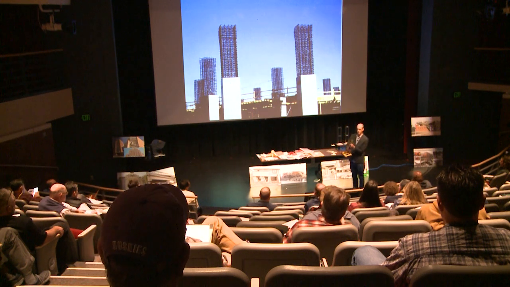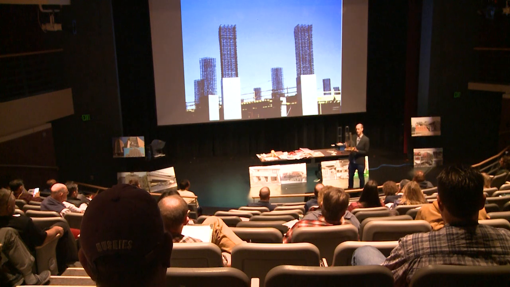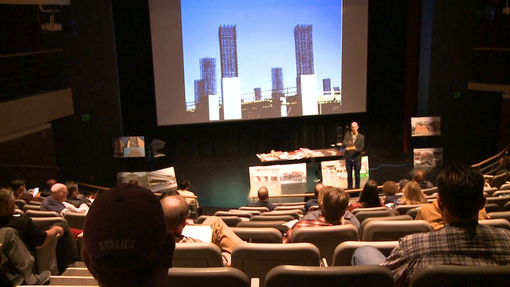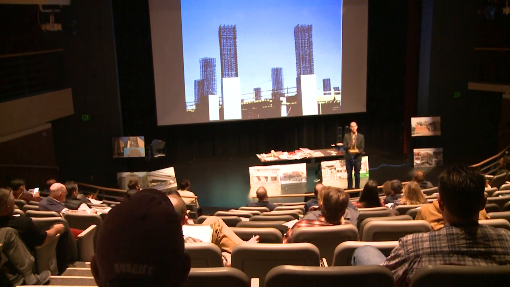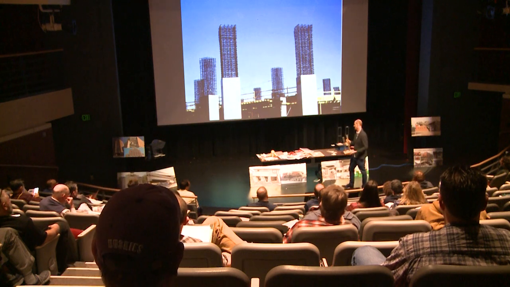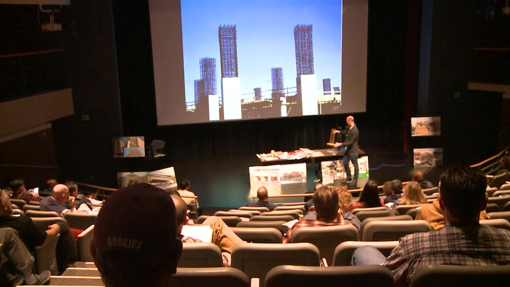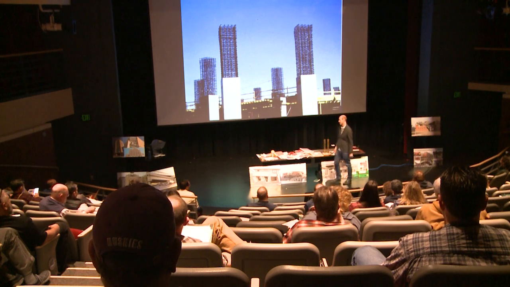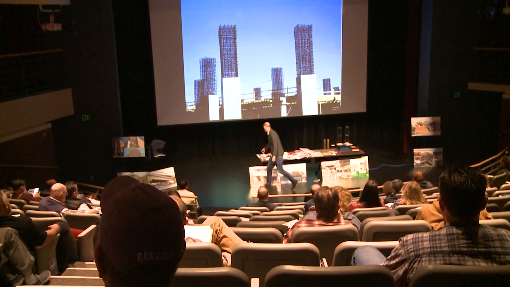Same 8 longitudinal bars, same size, diameter, everything of the bars, but the spacing and detailing of these confinement bars makes a world of difference. I was going to pass it around, but it's kind of cumbersome, and you can come up and touch it with your own two hands if you like afterwards.